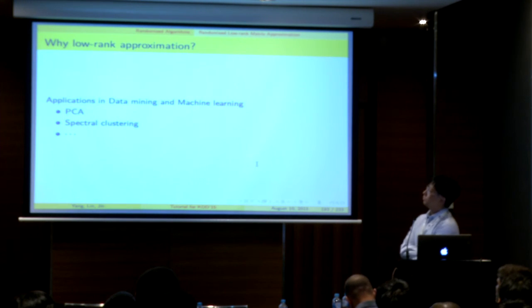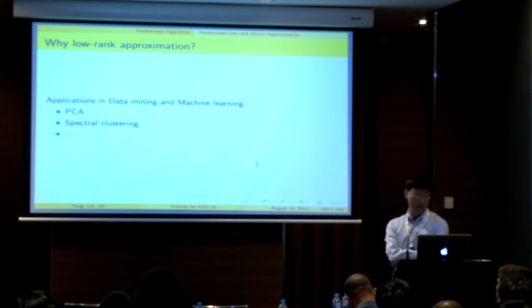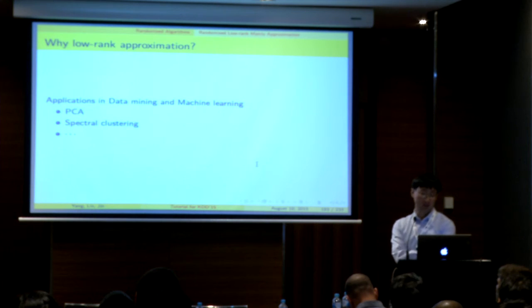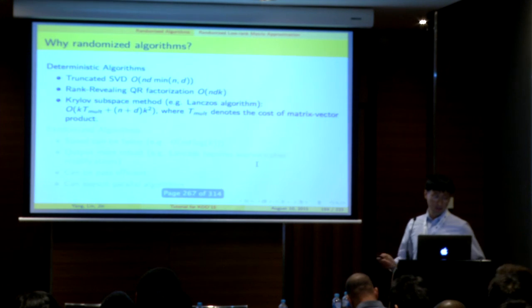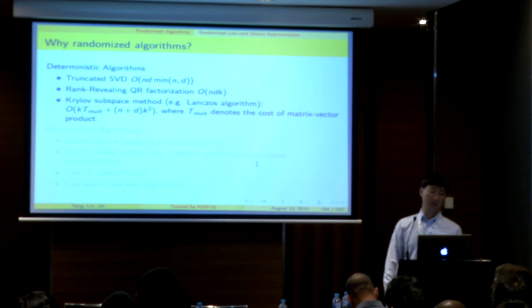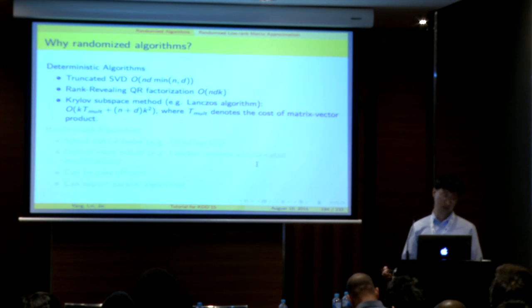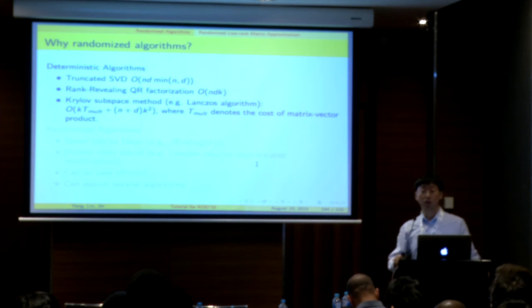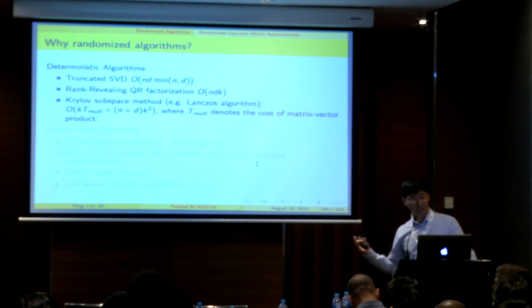So why low-rank approximation? There are many applications in data mining and machine learning, such as principal component analysis, spectral clustering, and many others. Actually, there are some deterministic algorithms that can help us do this, like truncated SVD, which is just SVD, but that is way too expensive for a big data matrix.